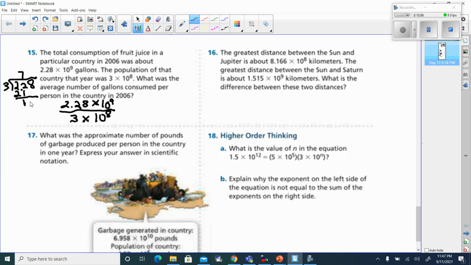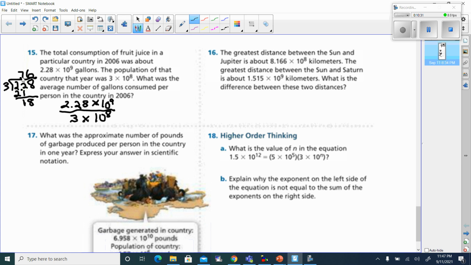That leaves us with 18 left over. Now I know 3 goes into 18 6 times. So we got 0.76. So we know the first part's going to be 0.76.